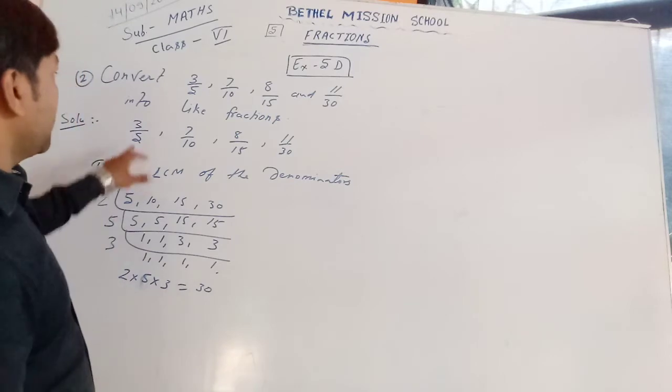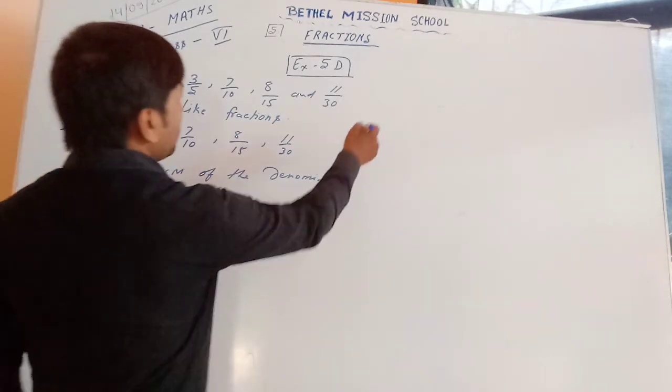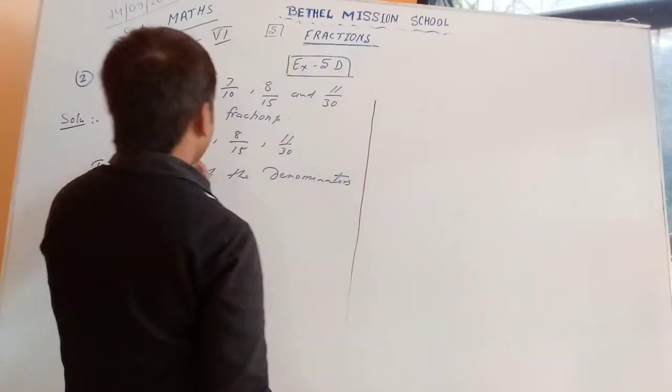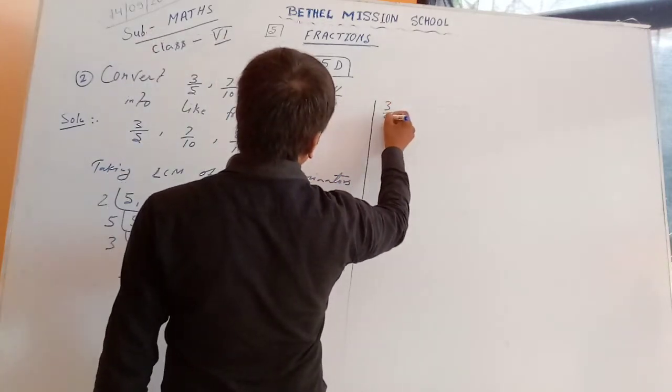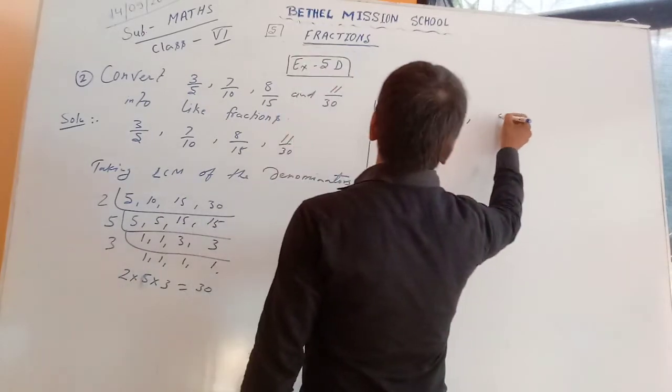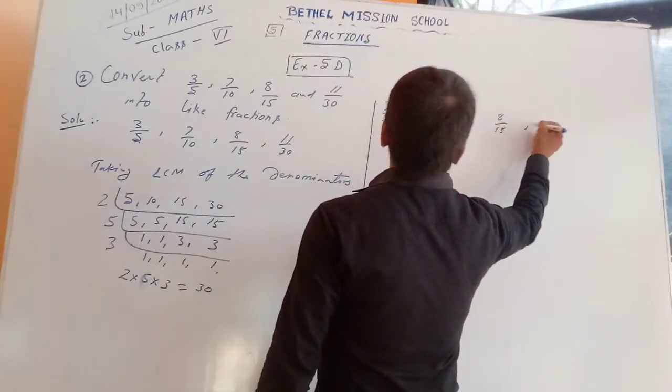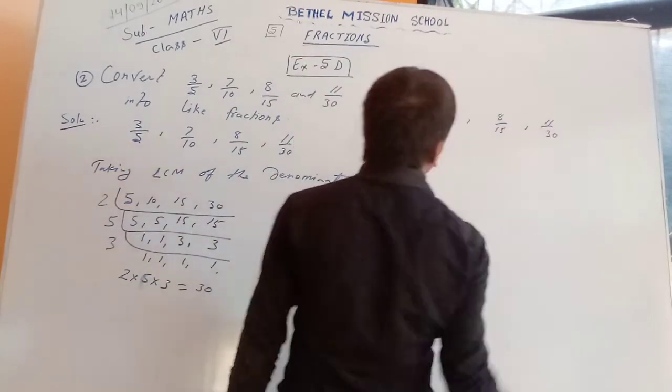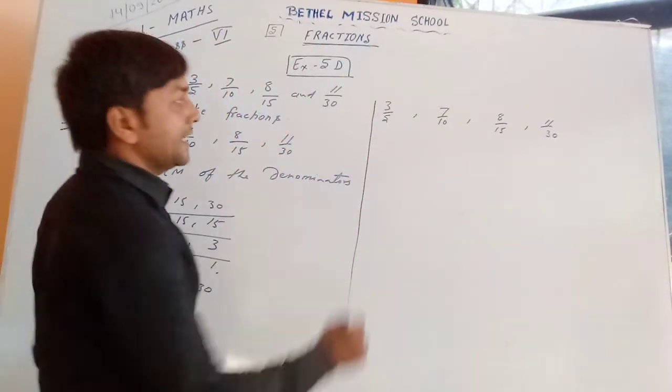Now you have to convert all the fractions so that all the denominators are 30. The fractions are 3 upon 5, 7 upon 10, 8 upon 15 and 11 upon 30. Make all the denominators 30.